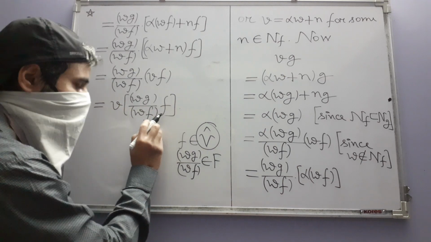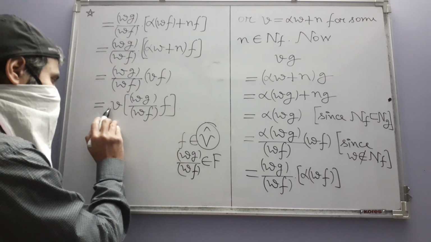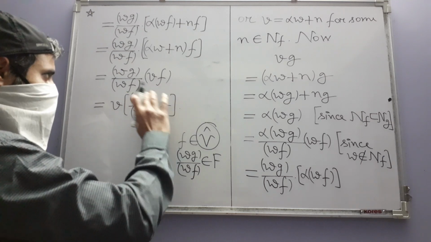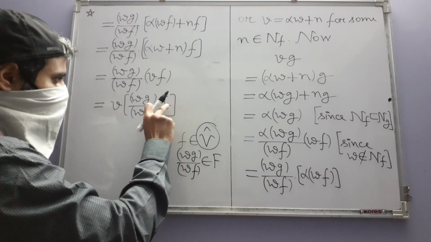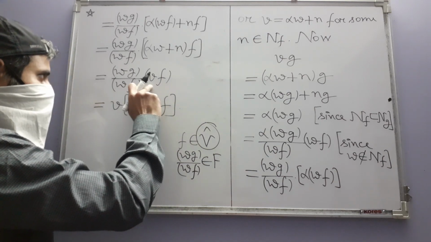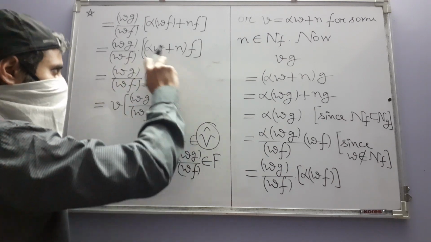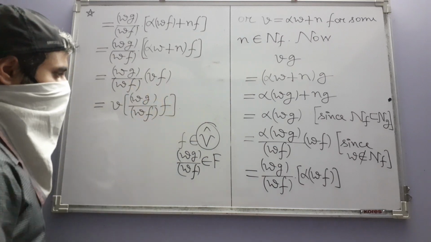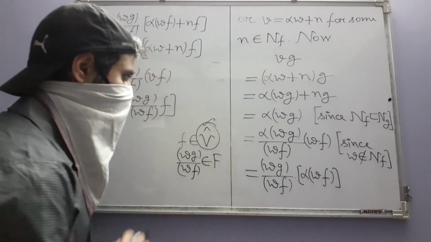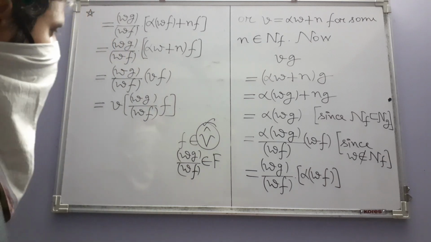Now when you apply that linear functional on a vector in the original space, what you do is that you apply this linear functional on v, and then you multiply that scalar by this scalar. Okay, that's how this scalar multiplication in V hat is defined.